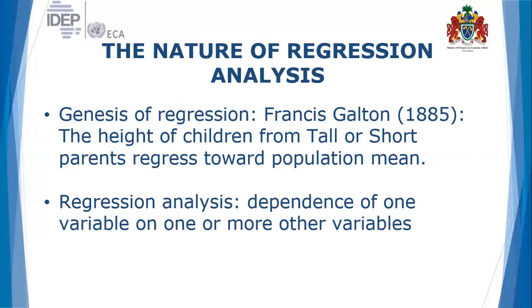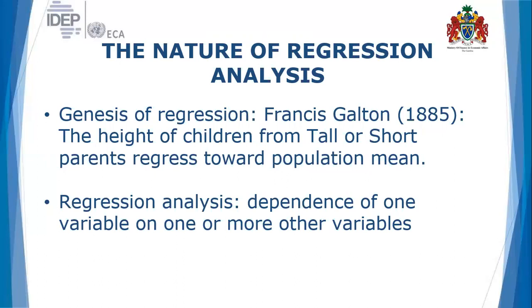When we trace the genesis of regression analysis, it is connected to Francis Galton, who conducted some experiments in 1885, particularly where he was looking at the heights of children from tall or from short parents, trying to measure the average of the heights of these children.